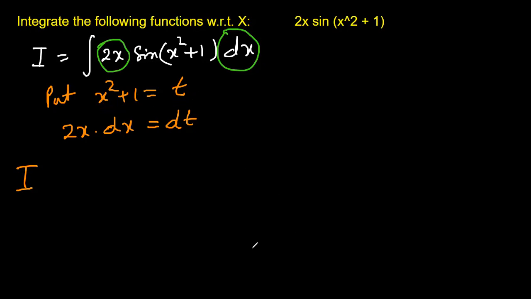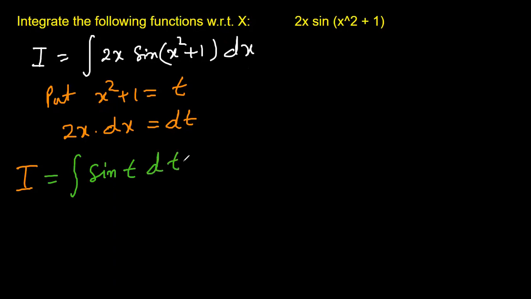So our expression can be written as the integral of sin t dt. The integration of sin t is negative cos t.